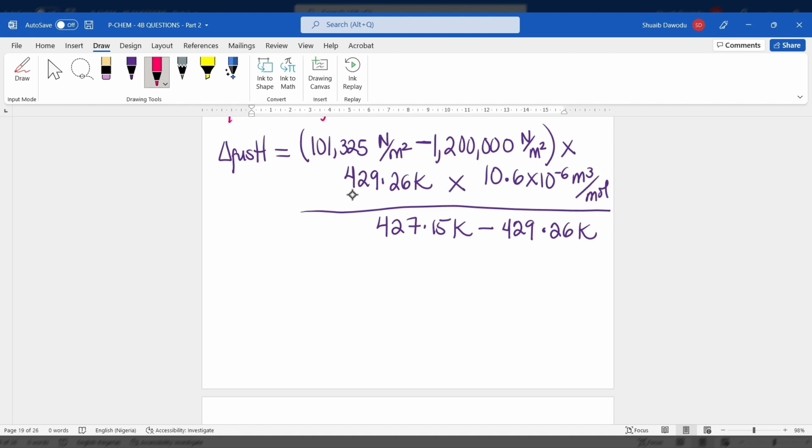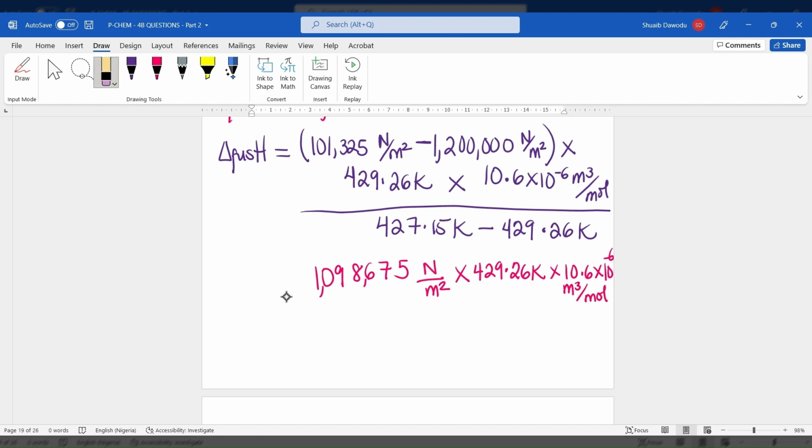When we do 101,325 minus 1.2 million, we end up with 1,098,675 Newton per meter squared, times 429.26 Kelvin, times 10.6 times 10 to the power of negative 6 meter cube per mole.